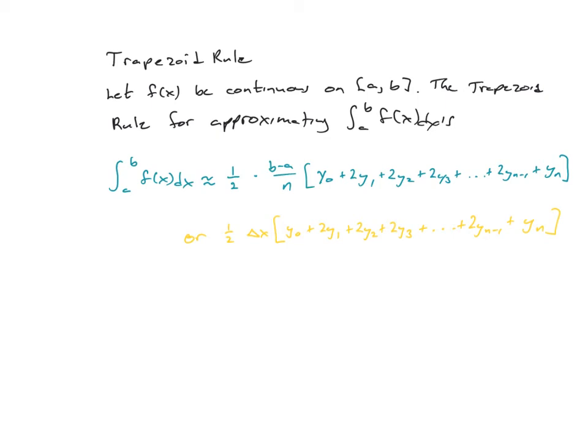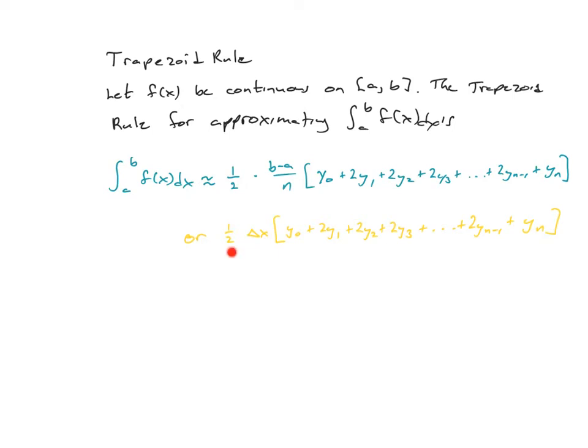So b minus a over n is delta x, of the y coordinates: f of x sub 0 plus 2 times f of x sub 1, which would be y1, plus 2 times f of x sub 2, which would be y2, and so forth, down to where we add y sub n.